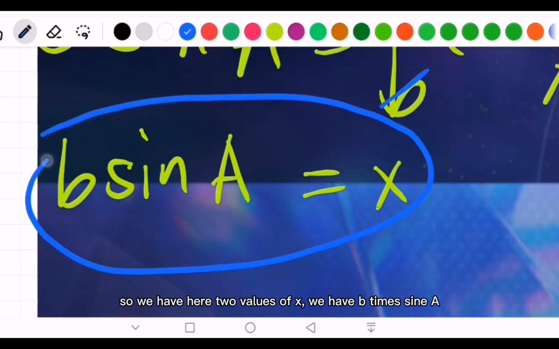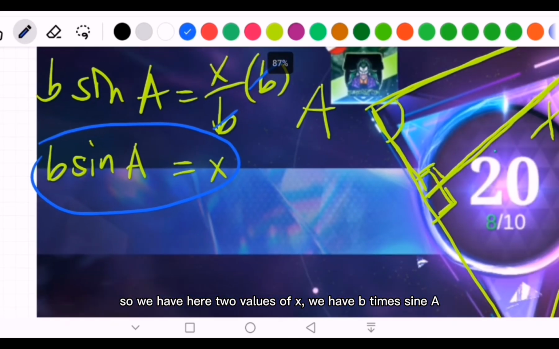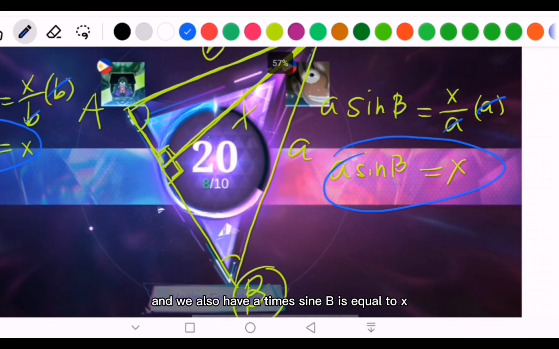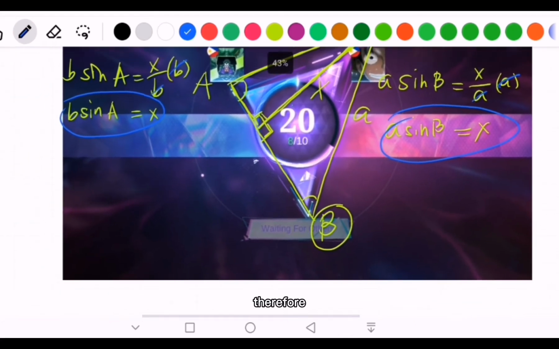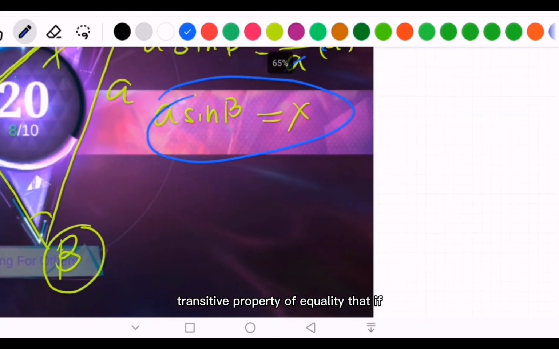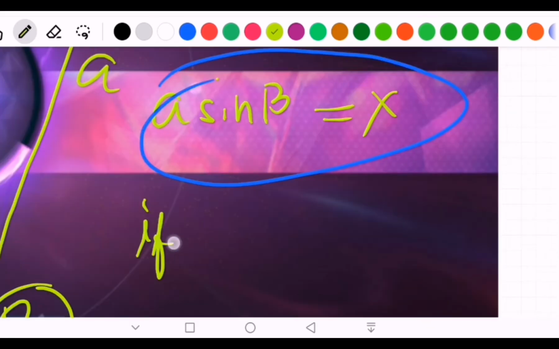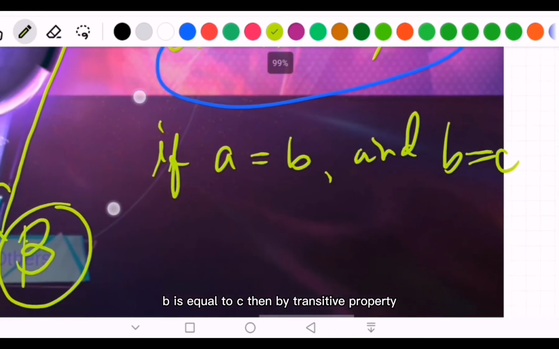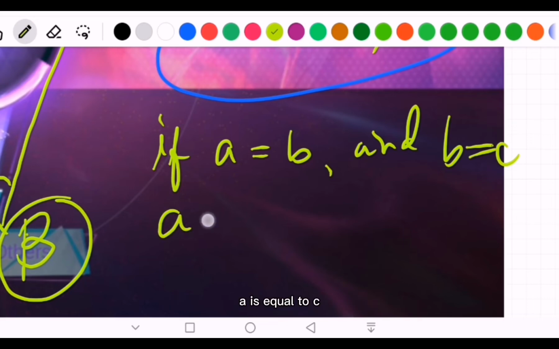So we have here two values of X. We have b times sine A and we also have a times sine B is equal to X. Therefore, by the transitive property of equality, that if a is equal to b and b is equal to c, then by transitive property, a is equal to c.